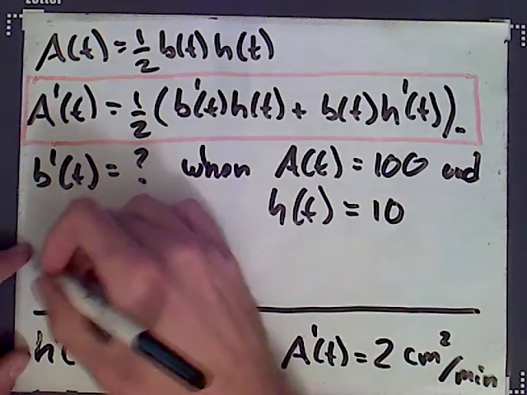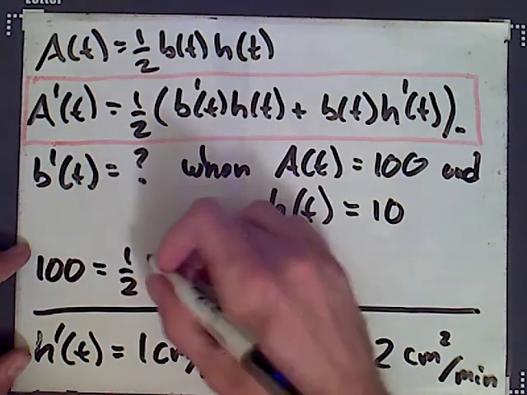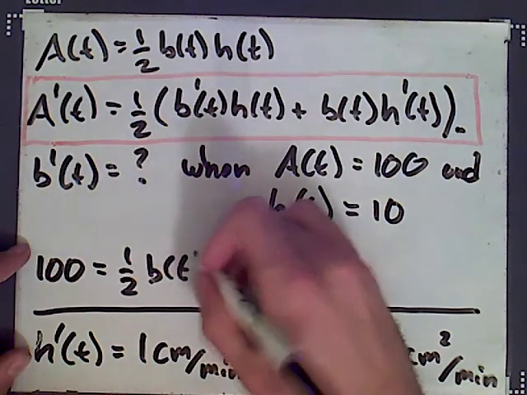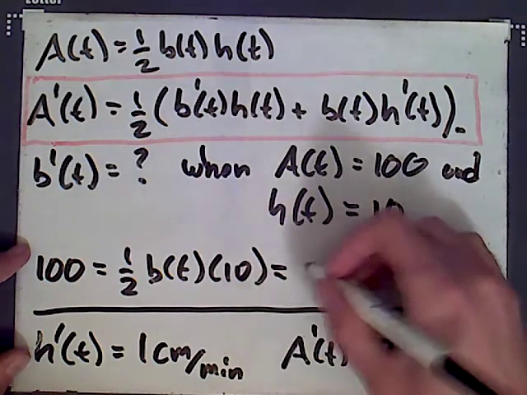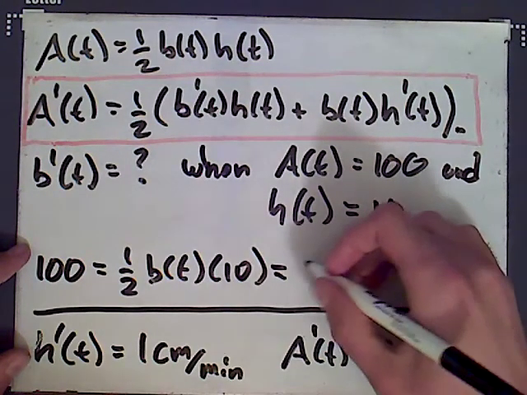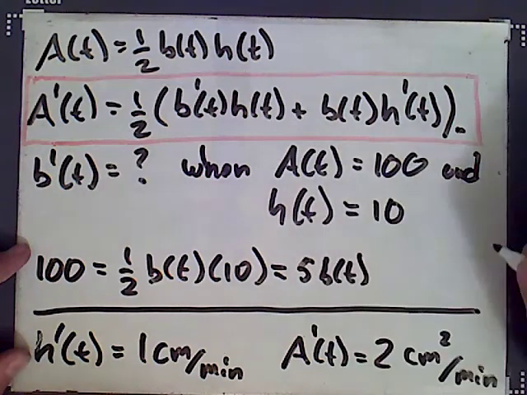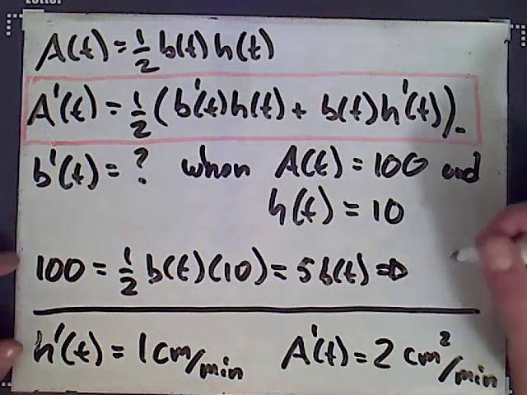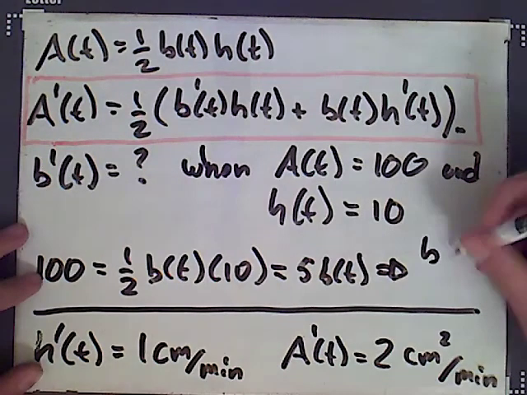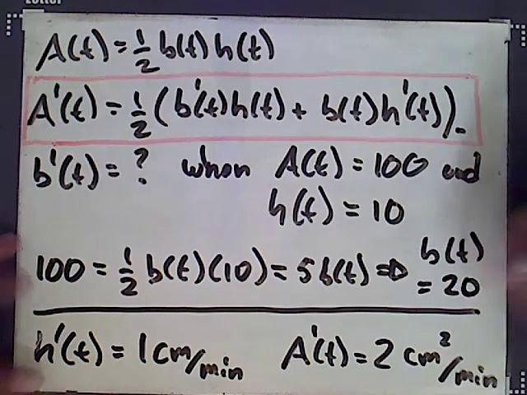We know the area is 100, and this should be 1/2 of the base times the height, which we know is 10, which is 5 times B of t. So this is telling us that when the height is 10 and the area is 100, B of t will be 100 divided by 5, which is 20.